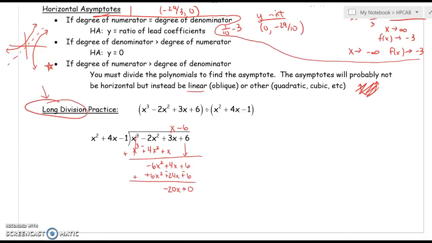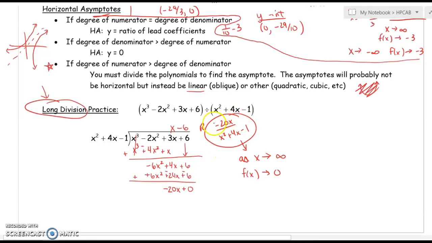And so what's going to happen is you're going to have a remainder of negative 20x, or negative 20x over x squared plus 4x minus 1. Usually you put the remainder over whatever you're dividing by. This thing, though, isn't really important, because if you were to graph this, as x approaches infinity, this thing is going to approach 0, which means it's really not super important.